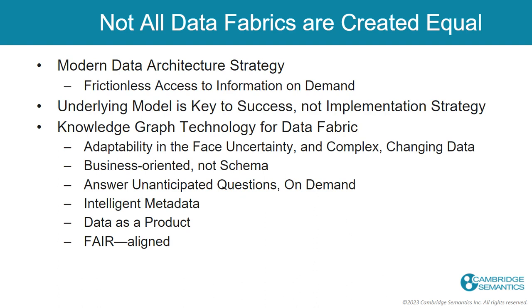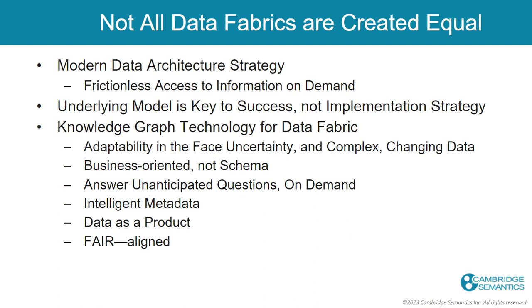I'm biased, of course, but based on my experience in this technology space, I think data fabrics built on W3C semantic web standards, namely Web Ontology Language and Resource Description Framework, also called OWL and RDF, will prove superior over time.